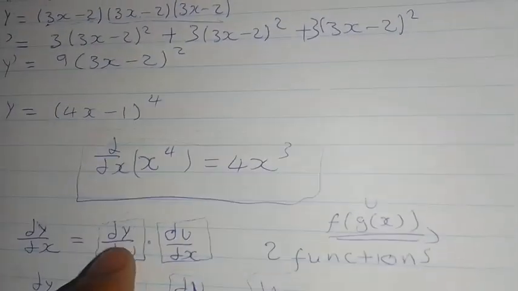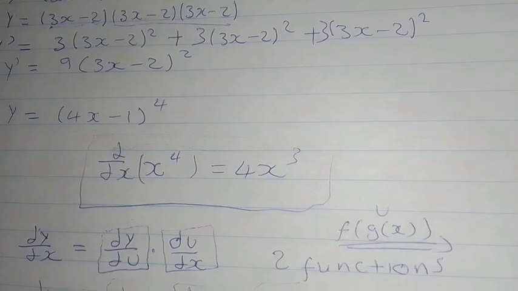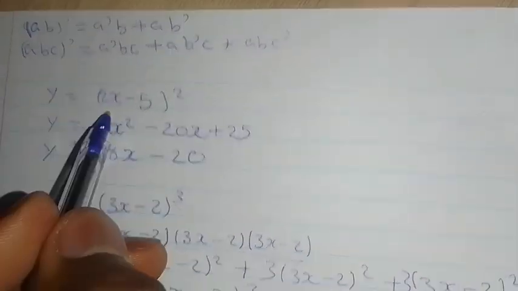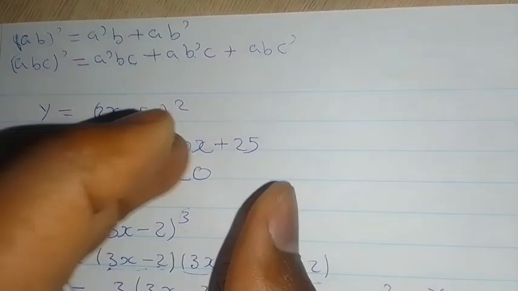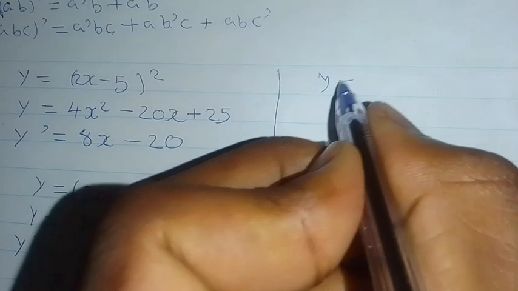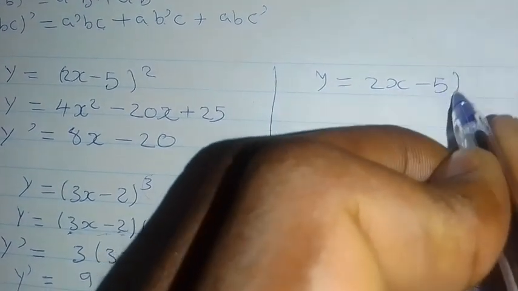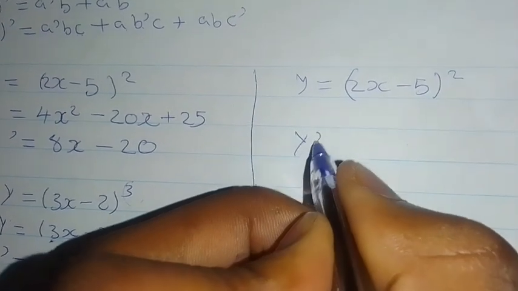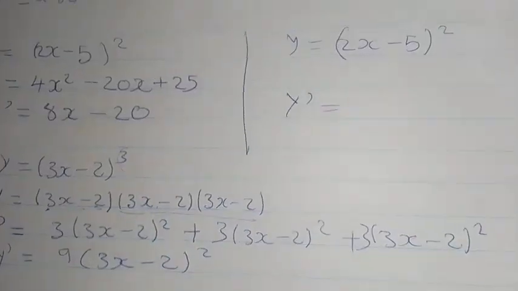Okay, so I said that you derive the outside function irrespective of what's inside, and then you derive the inner function. So let's look at this function. Now I want to derive this using the chain rule. I don't want to expand that. I'm lazy. So now that you have y equals (2x minus 5) squared, y prime is dy du.